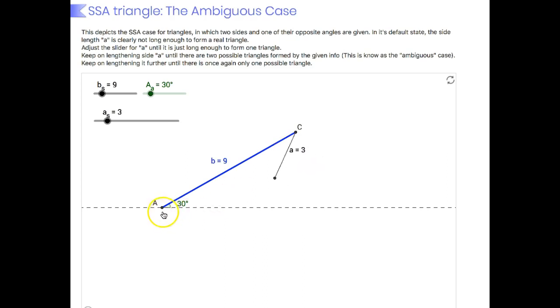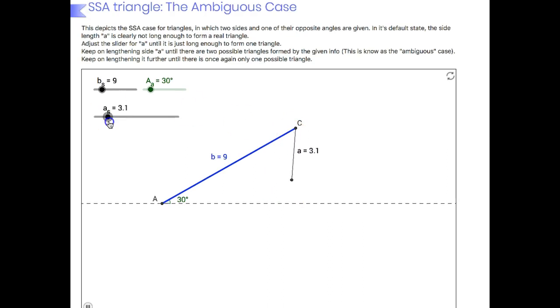I could put in this side right here to connect the little swinging side to point A. And if I put that in, I can make lots of different triangles here, because I can make two different triangles because this angle, the swinging angle, is not fixed.